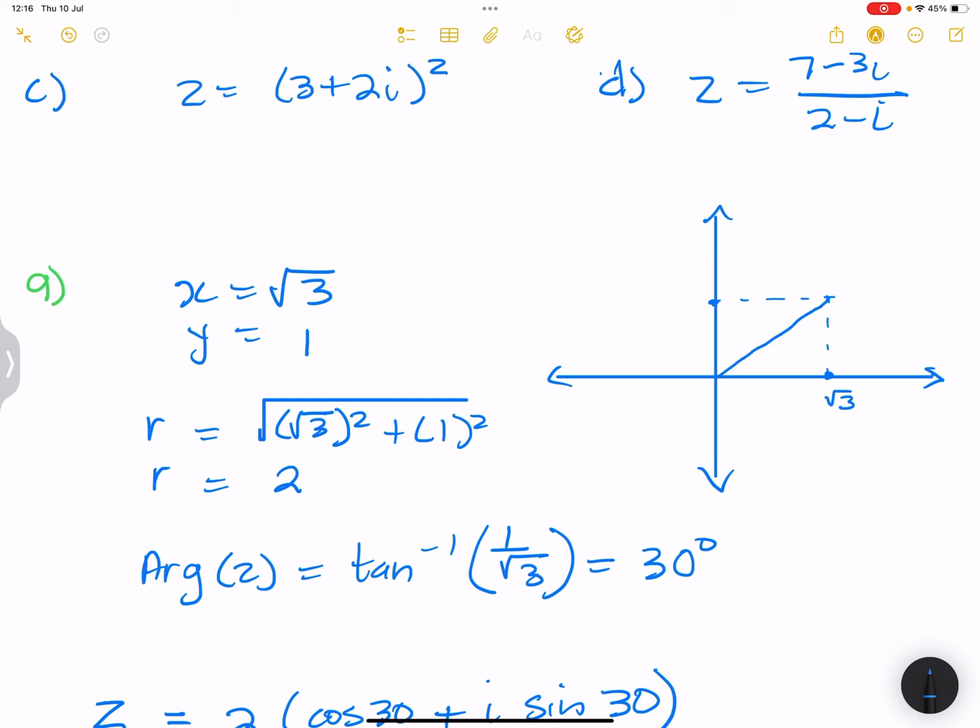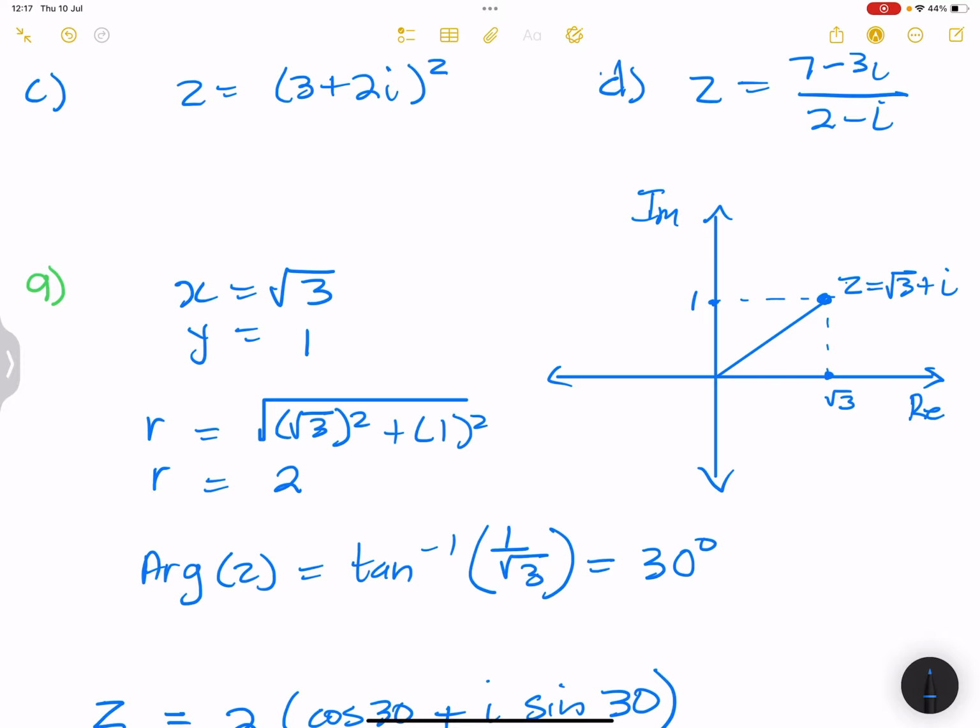So z is square root 3, that's the real axis, plus I, that's 1 there. These are the real axes, these are the imaginary axes.